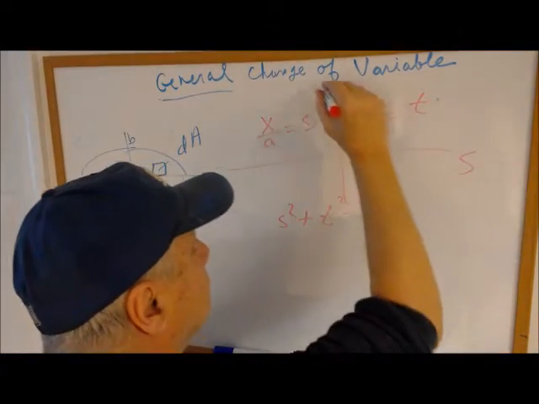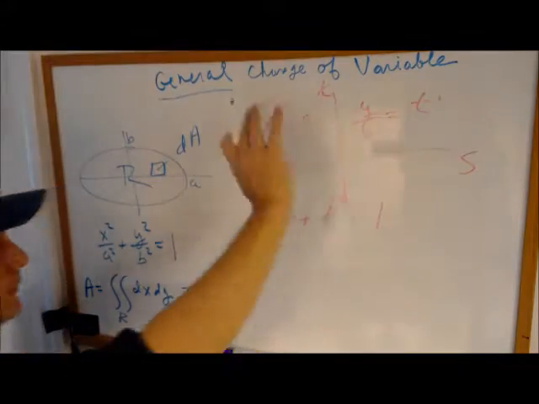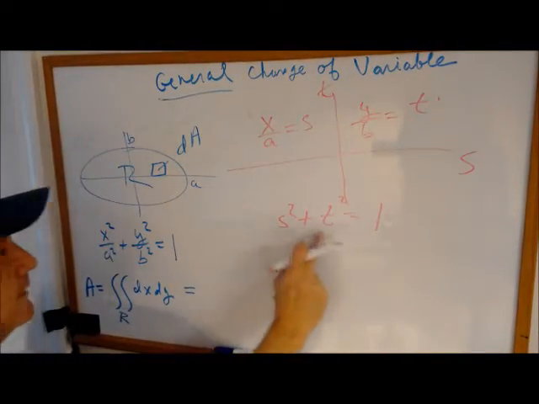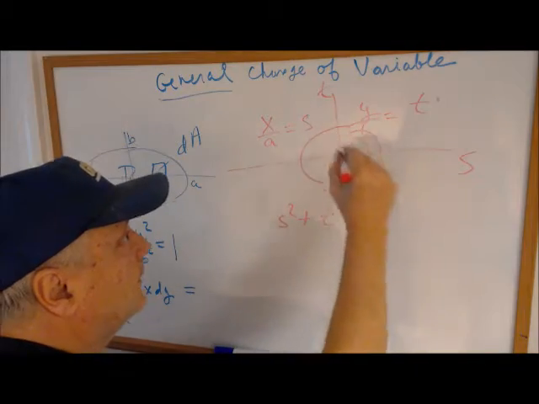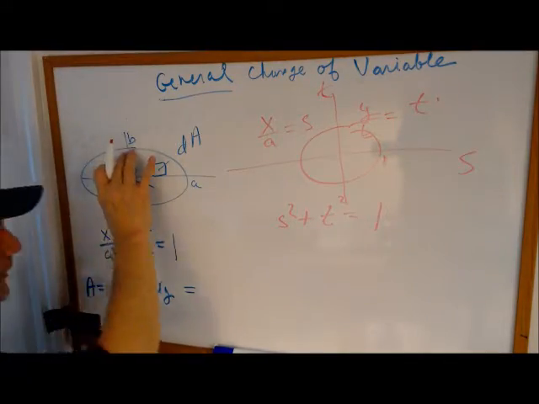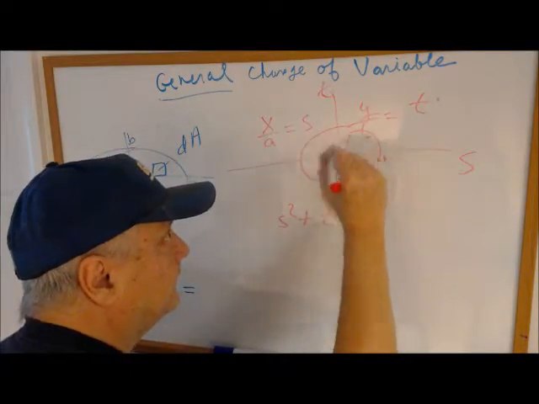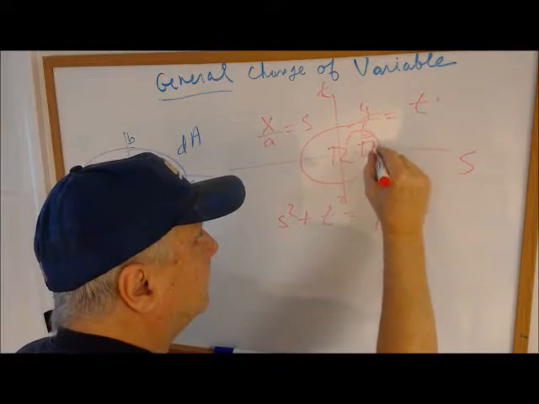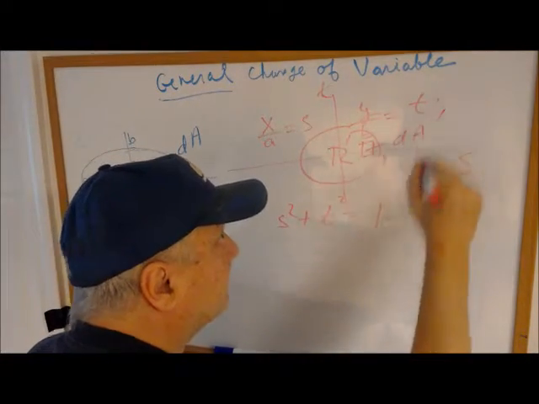And in the st plane, this ellipse turns into the unit circle. So this region turns into a nicer region, and dA turns into a different kind of dA. We'll call it dA prime.